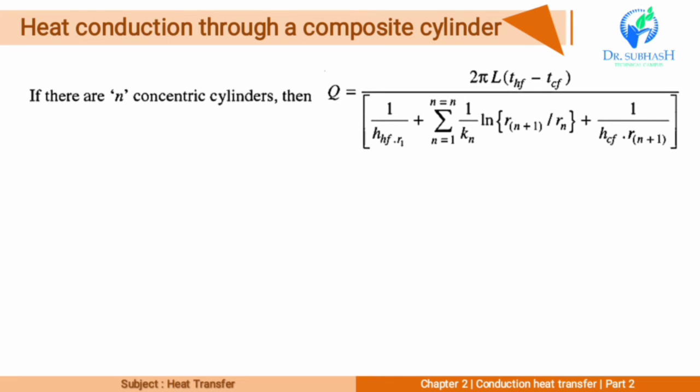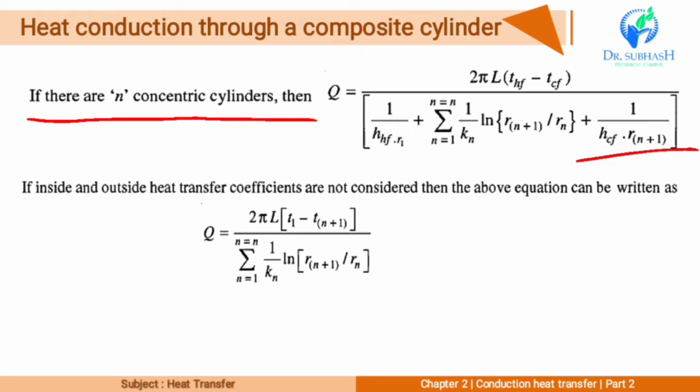Now getting the heat conduction equation in general format, if there are n concentric cylinders then Q is equal to 2 pi L into the temperature of the hot fluid minus the temperature of the cold fluid divided by 1 upon H_HF into R1 plus sigma n equal to 1 to n of 1 upon Kn ln(R(n+1) divided by Rn) plus 1 upon H_CF into R(n+1).